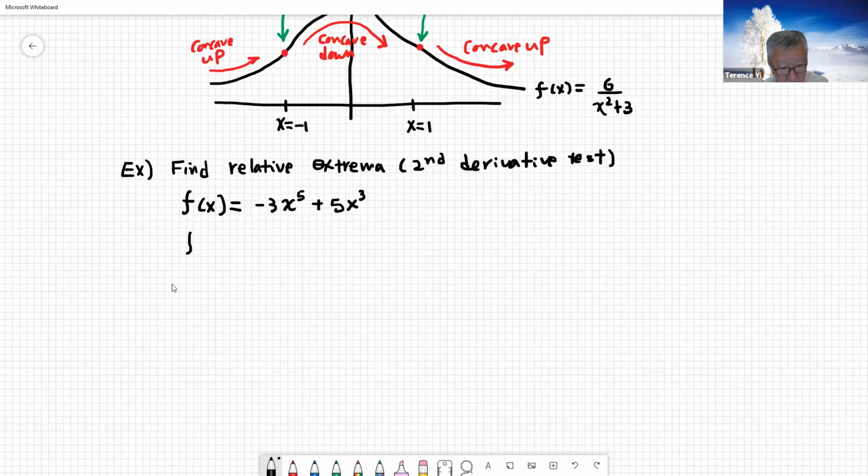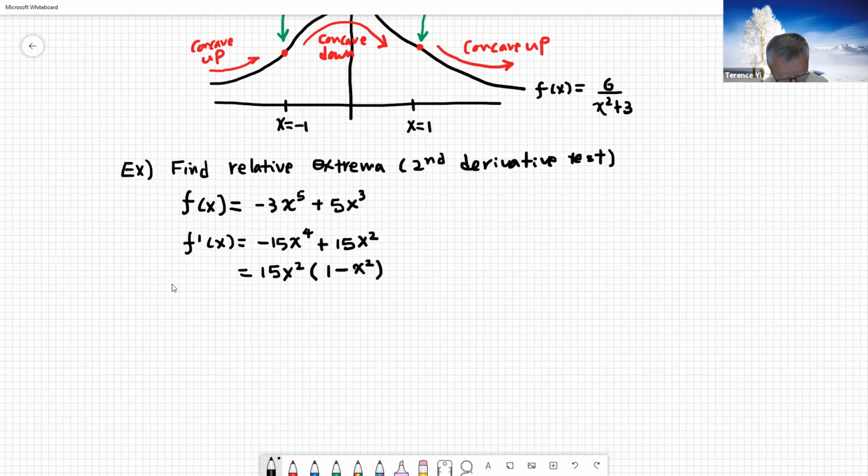So let's find f prime of x. Then I have 15x to the 4th plus 15x squared. If I take out 15x squared as my common factor, then I have 1 minus x squared. I kind of switched the places.